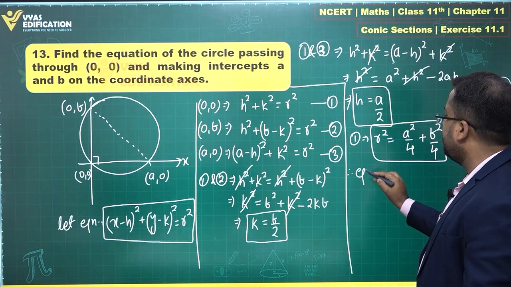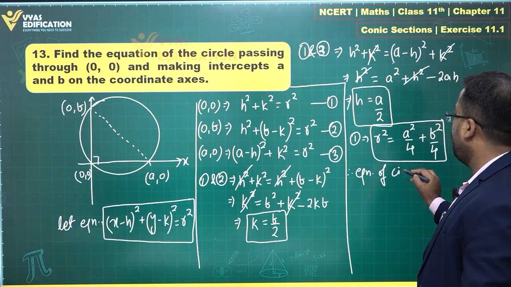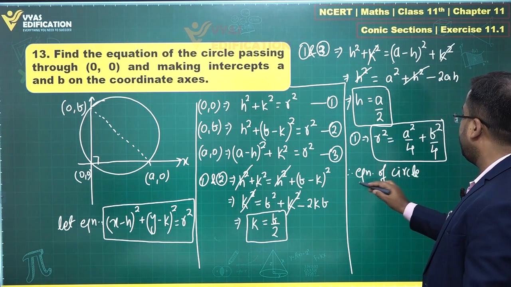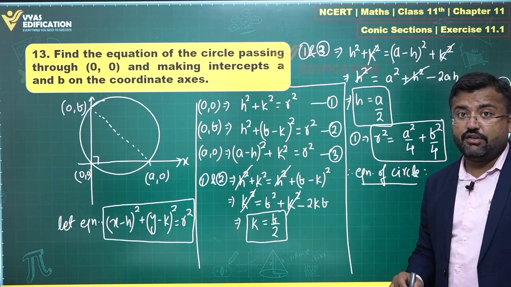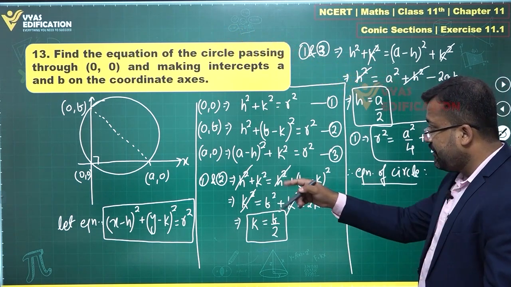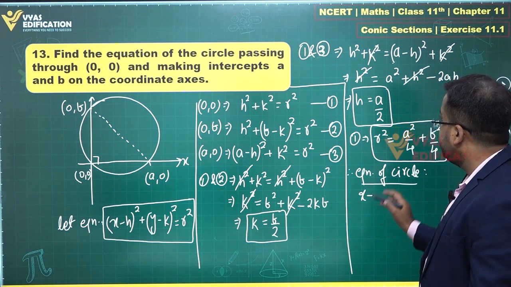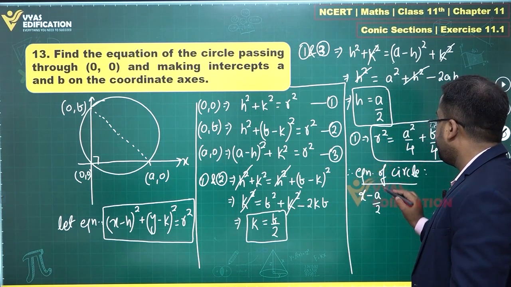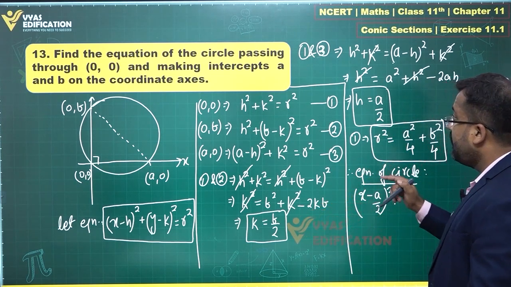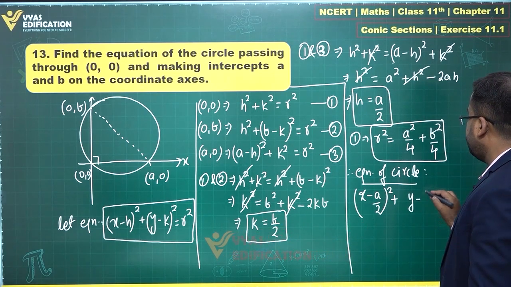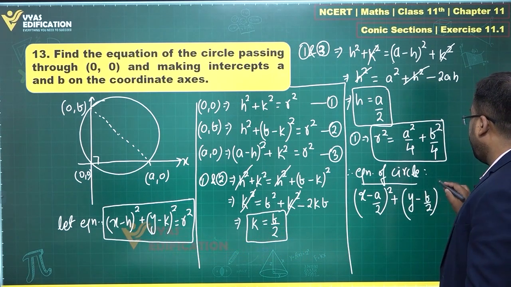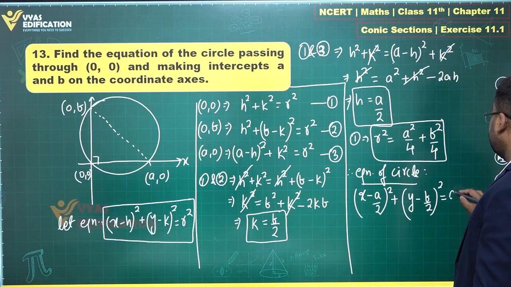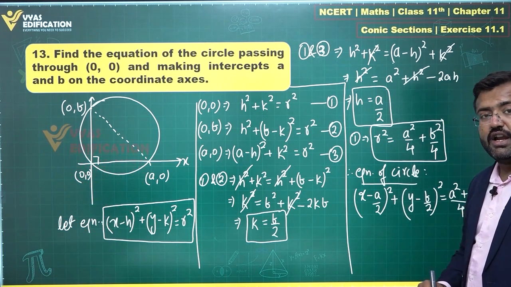Therefore, we found the equation of the circle, and now we'll verify it against the diametric form. The equation is (x − a/2)² + (y − b/2)² = (a² + b²)/4.